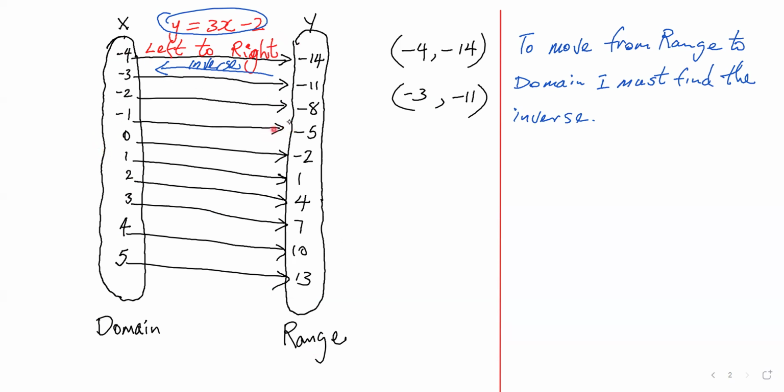So the formula allows us to move from left to right, from domain to range. Now, if we want to go back from range to domain, we have to find the inverse. The inverse. Okay, Johansi?